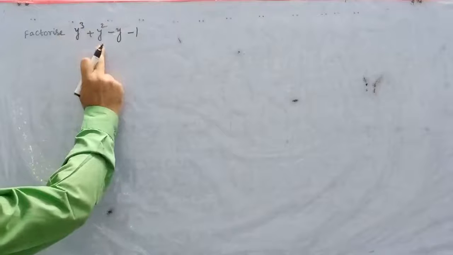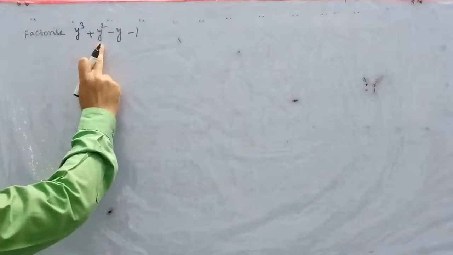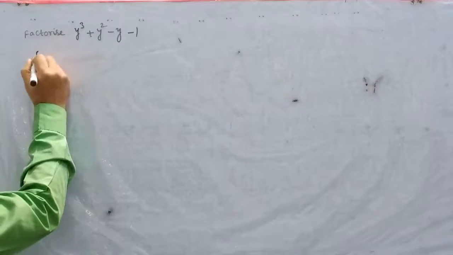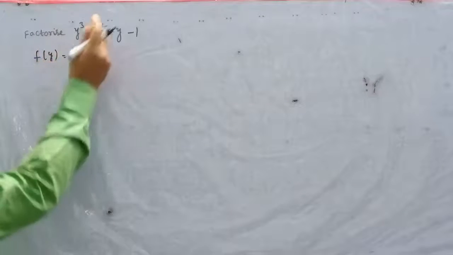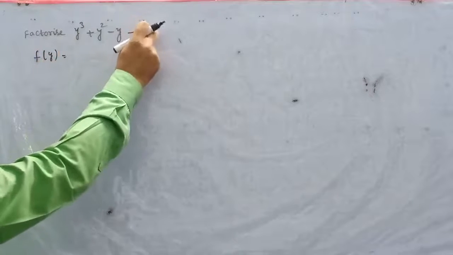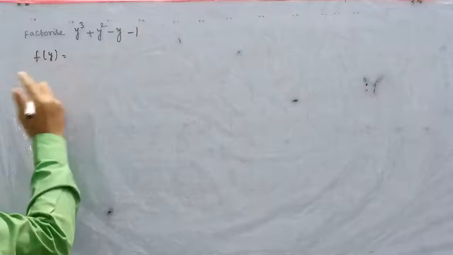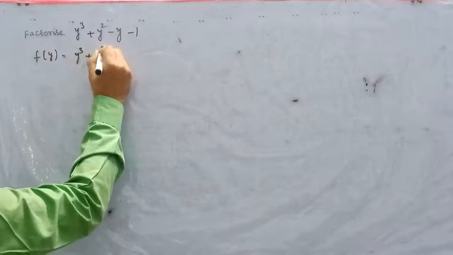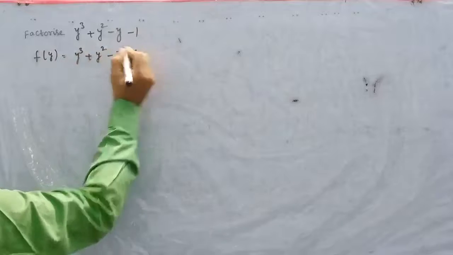Next question, y cube plus y square minus y minus 1. Let the given polynomial be f of y, because the given problem is in terms of y. So f of y is equal to y cube plus y square minus y minus 1.